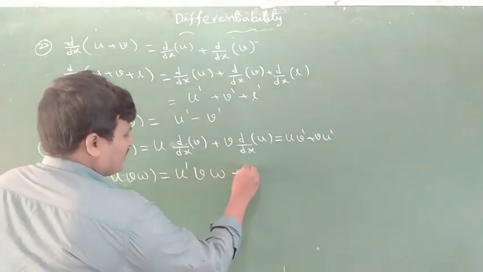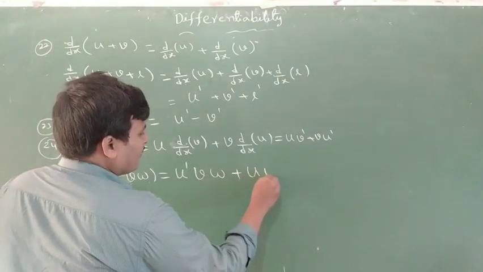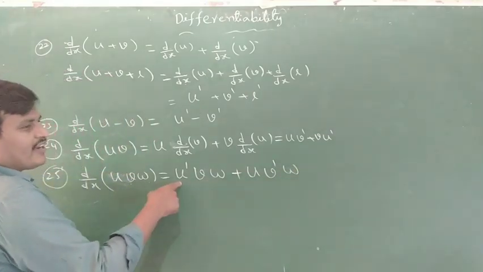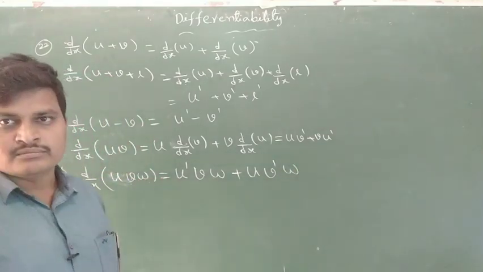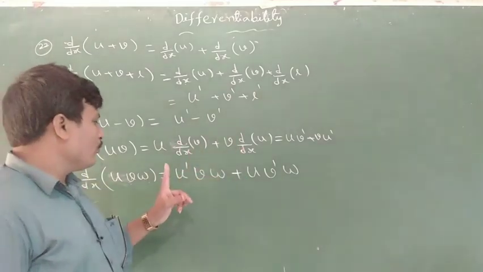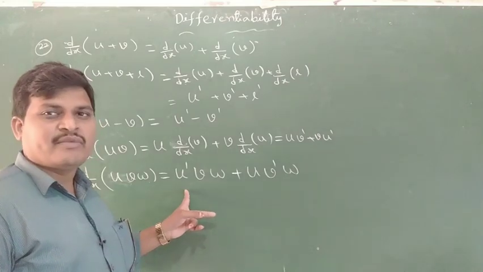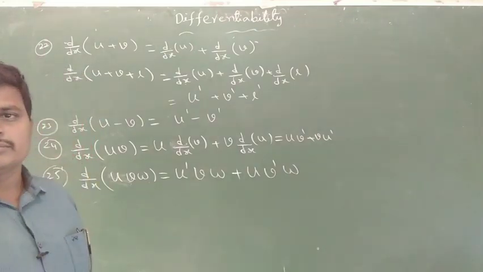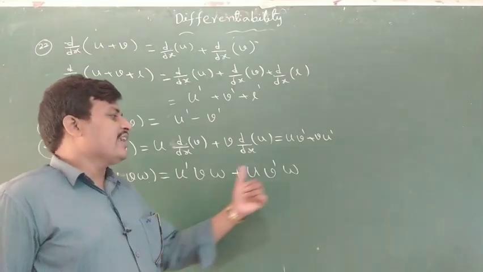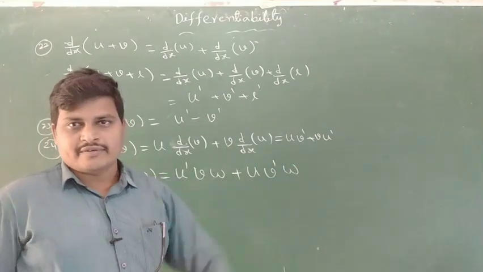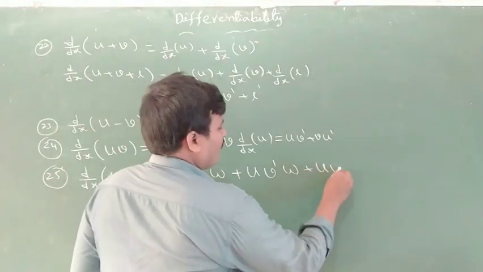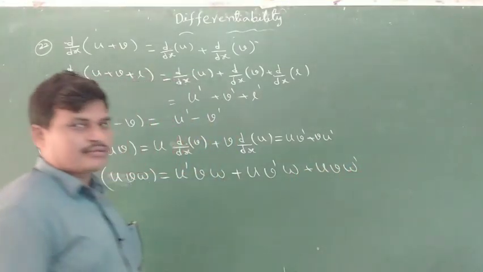Next, the second one derivative, remaining the same. In each term only one function has the derivative. First one derivative, next second one derivative, next third one derivative. Okay, plus u v w dash.